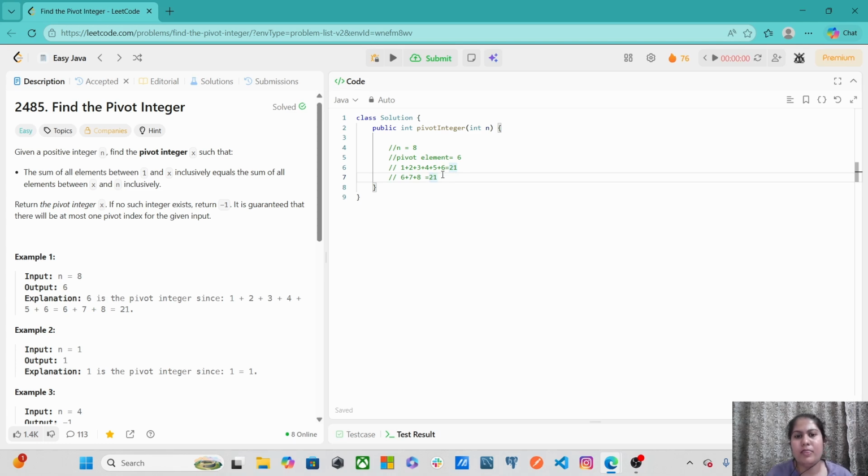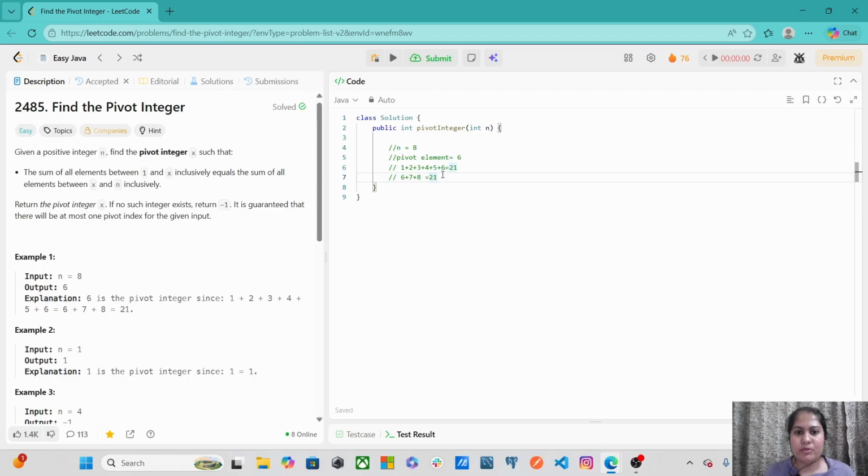I have a very smart solution for it. The hint I have already given to you is that we can use the arithmetic progression formula. What could it be? What if we calculate the total from 1 to n? How will we calculate the total from 1 to n? Adding 1 plus 2 plus 3 till n.